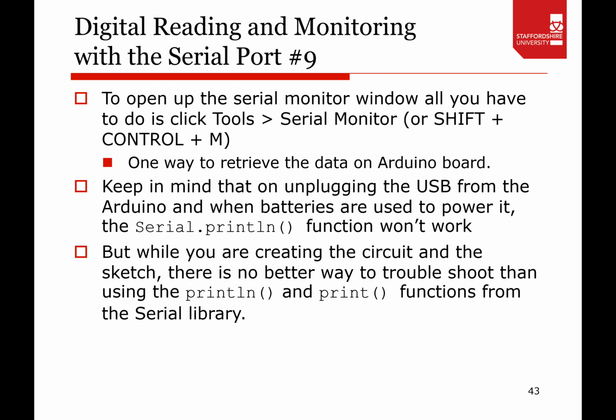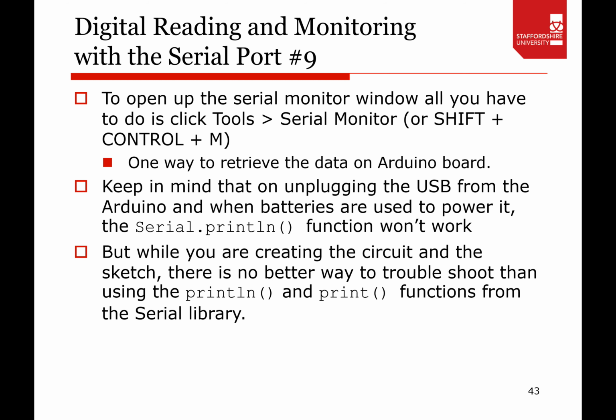However, in the IDE it will be slightly different. If you open up the serial monitor, all you have to do is click Tools, Serial Monitor, or Shift Control M. That is one way to retrieve the data on an Arduino board.